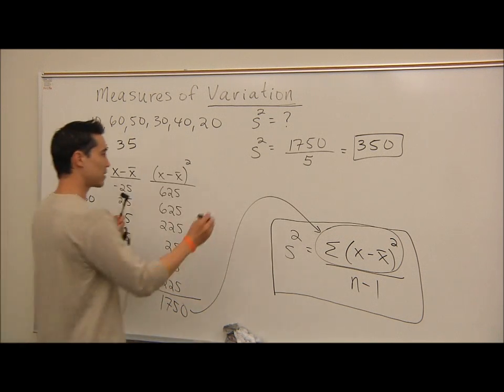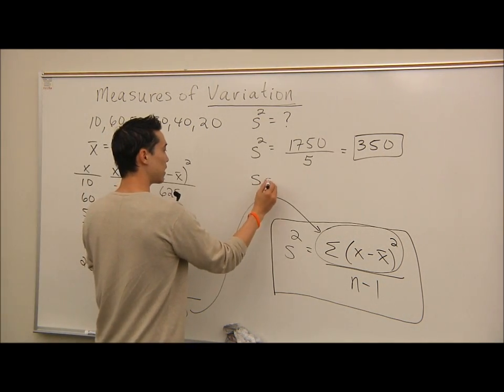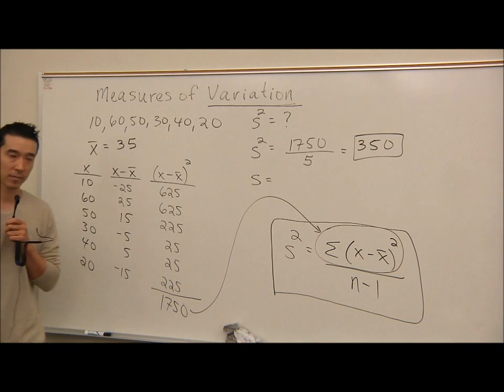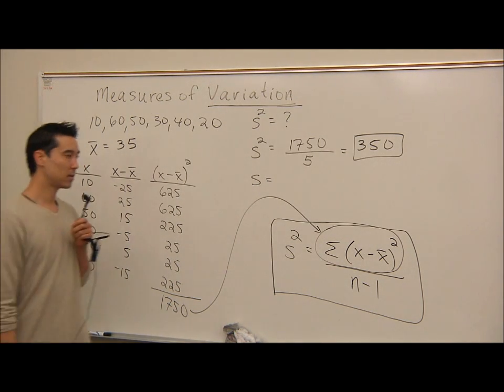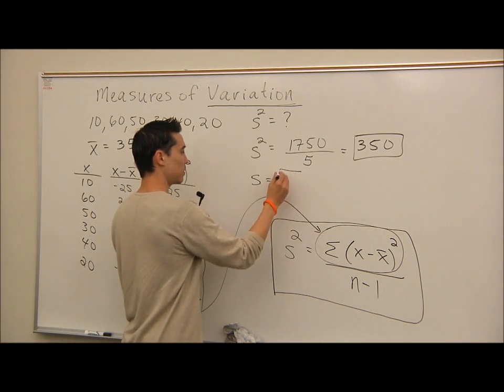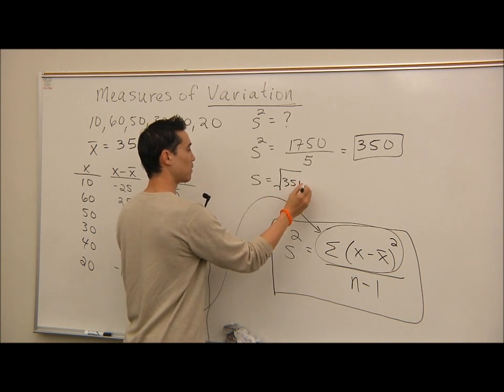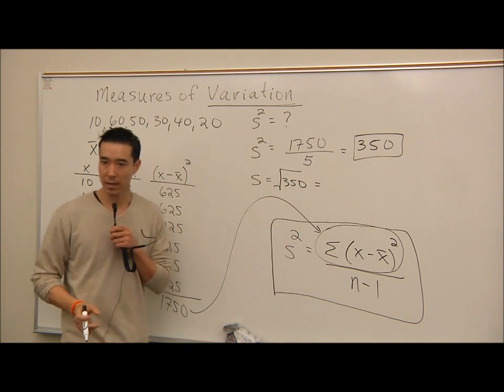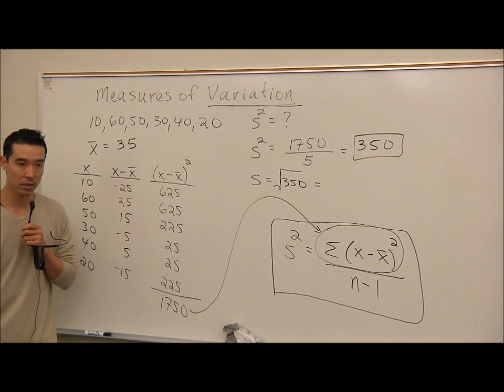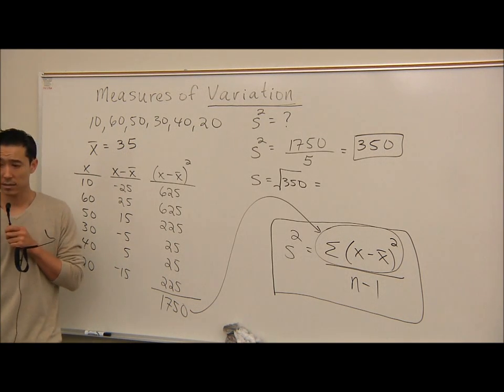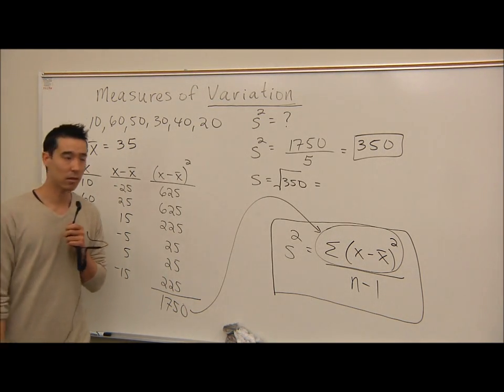Then they might say, okay, great, what is the standard deviation then? If s squared is 350, what is s? The square root of 350. That's probably not going to come out to be a perfect, beautiful whole number. So let's go 4 decimal places. Let's agree to all go 4 decimal places.